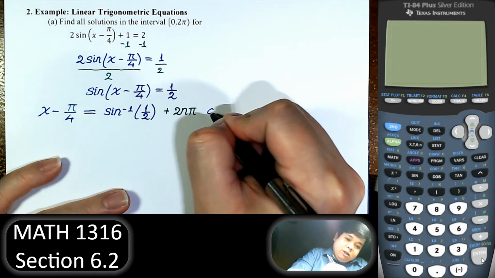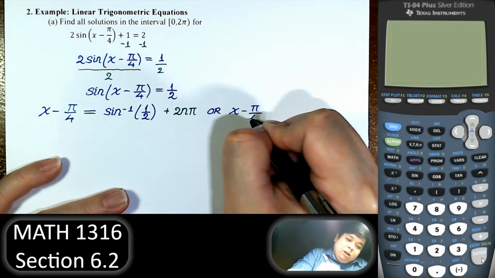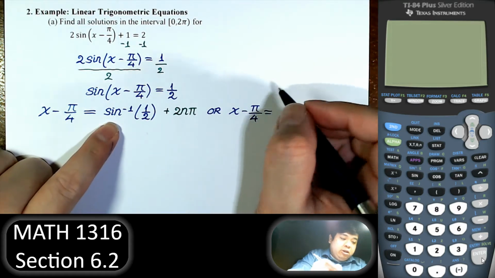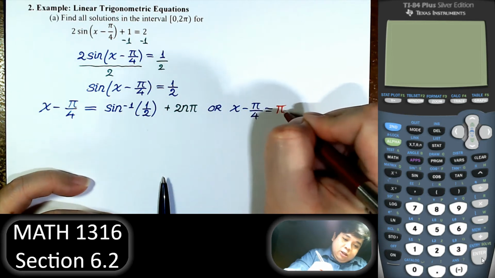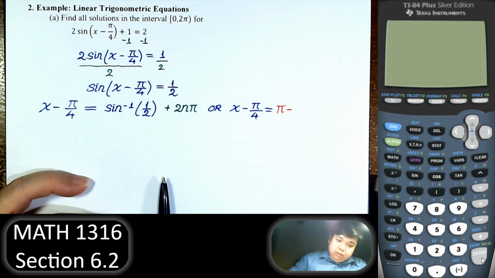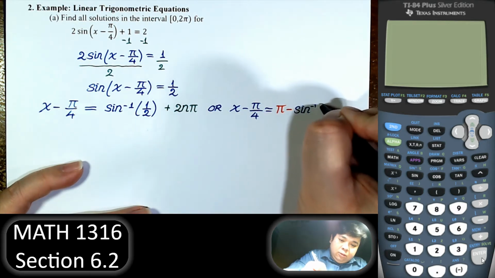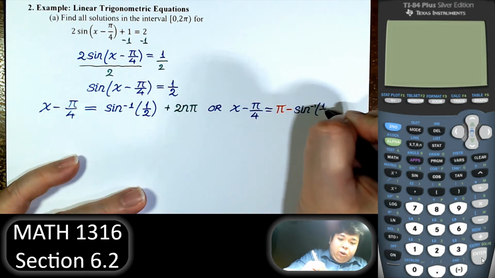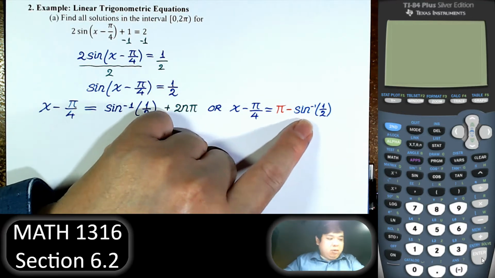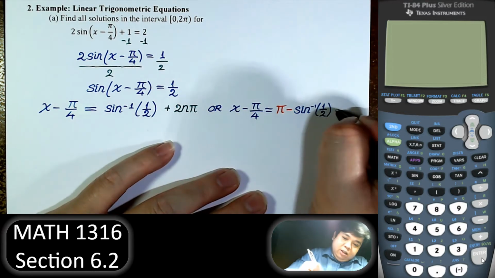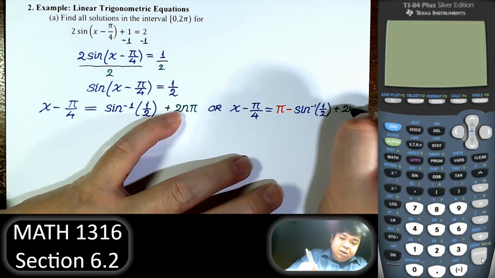The second part of it: remember, for sine, not only do we have the sine inverse, there's always a supplement to it. So for sine, we have the inverse and the supplement, and the plus 2n pi just gives us n times the period.